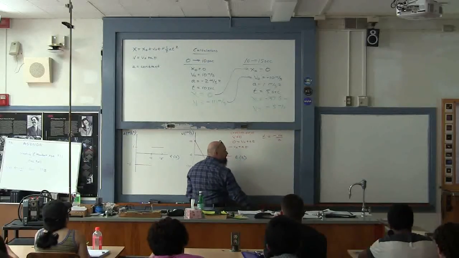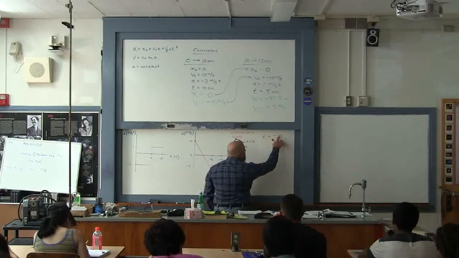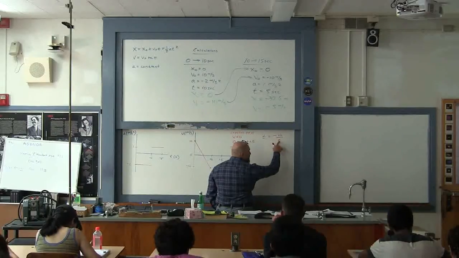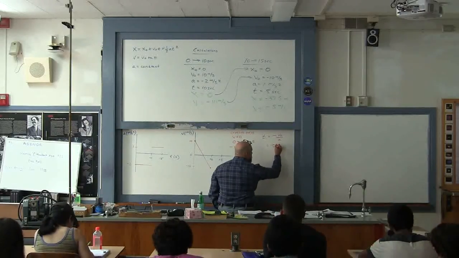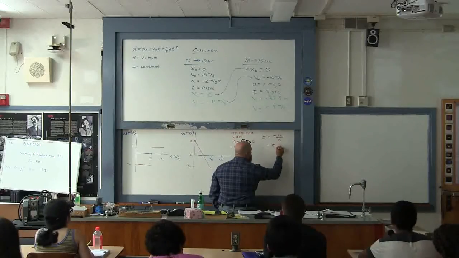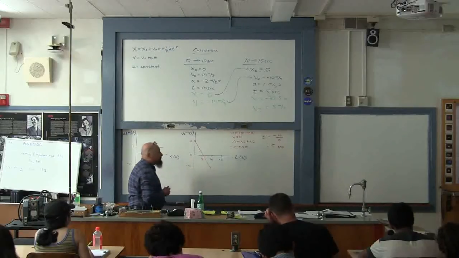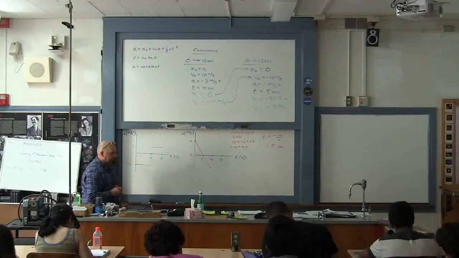And then here's how the numbers work. This is negative 10 meters per second divided by negative 2 meters per second squared. 10 divided by 2, the negative sign cancels out. Gives you then a time here of 5 seconds. So that's how we explicitly show what that time is.